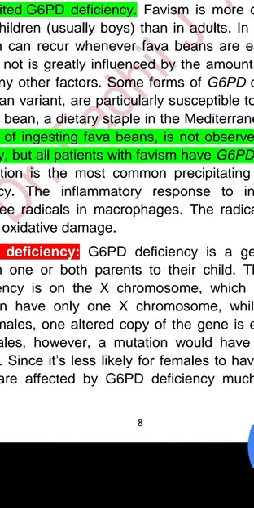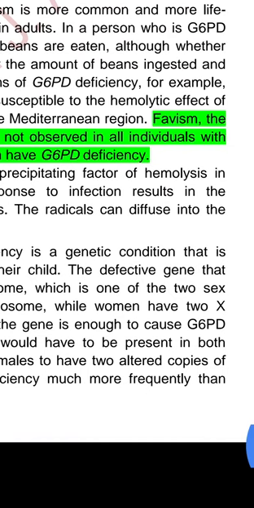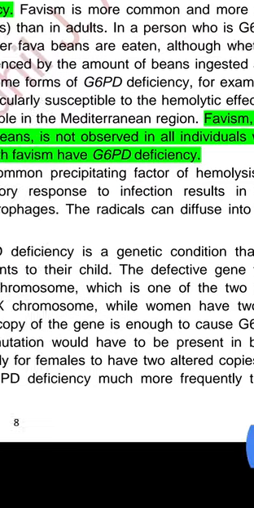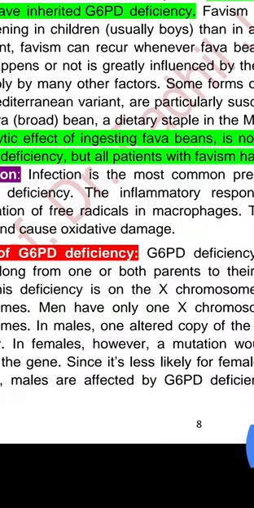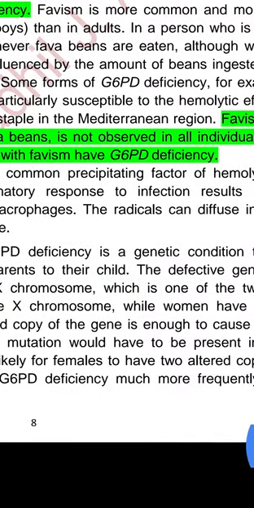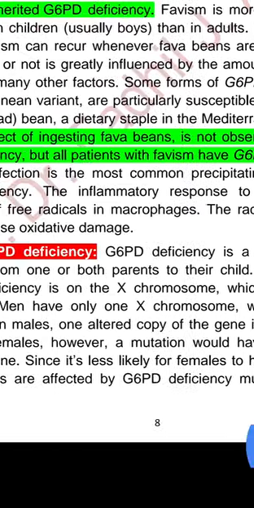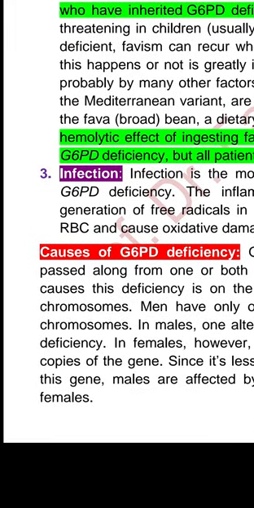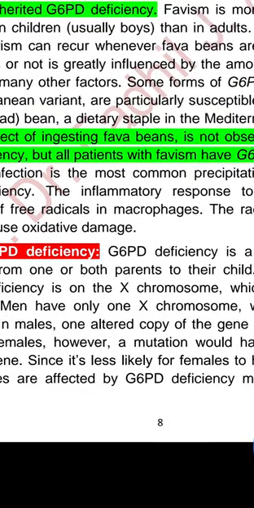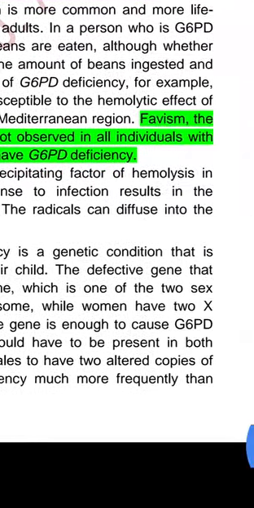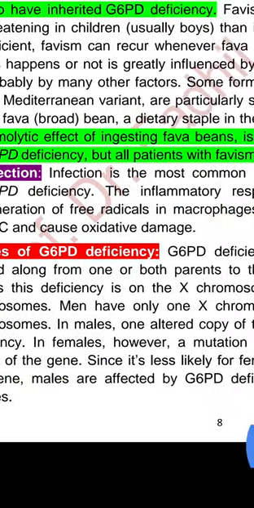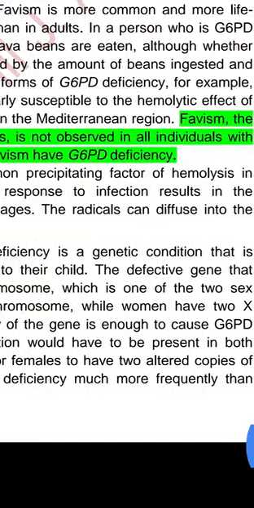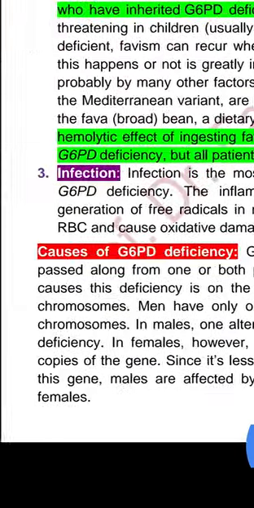Causes of G6PD deficiency قد يكون أحد الأسباب الرئيسية هي genetic conditions that are passed along from one or both parents to their child. The defective gene that causes this deficiency is on the X chromosome, which is one of the two sex chromosomes. Men have only one X chromosome, while women have two X chromosomes.